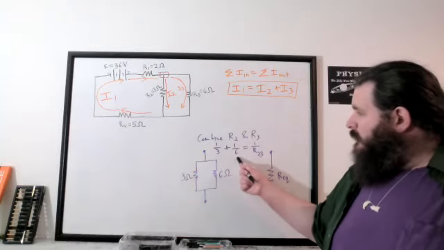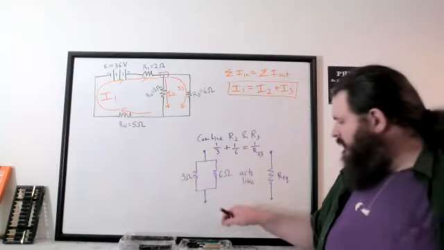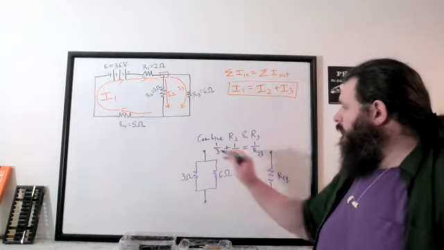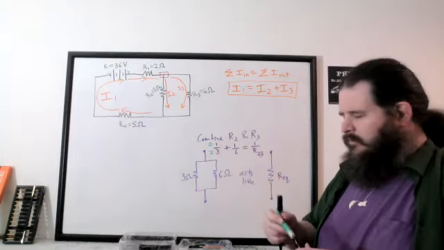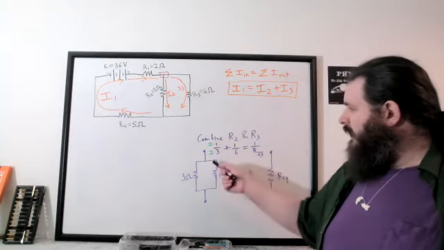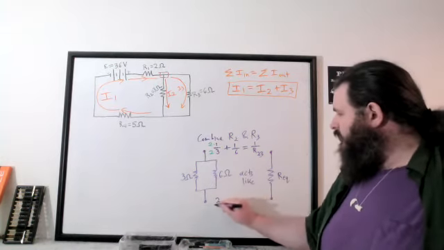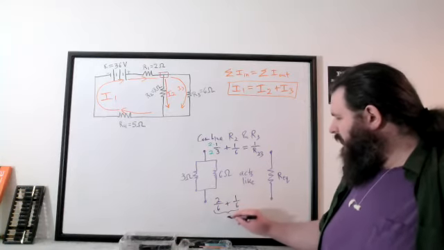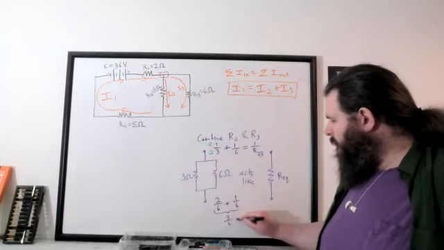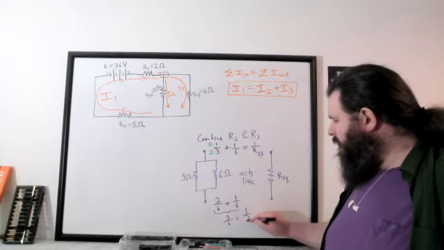So 1/3 plus 1/6, and of course we need a common denominator here, so I'm just going to multiply the 1/3 by 2/2, making it 2/6. So we get 2/6 plus 1/6. Combine those, we get 3/6 or 1/2.